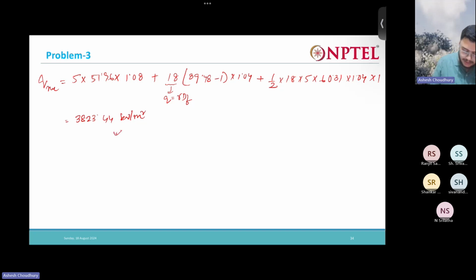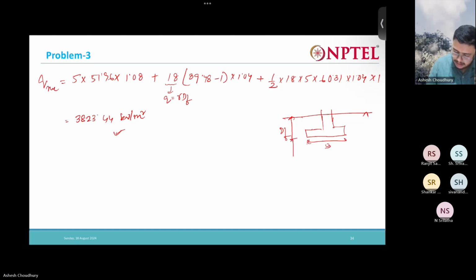So if this is the footing, say this is the ground level, the DF, the B, and if water is below this, then we have W dash equal to 1. If water is here or above, it is 0.5, and anything in between we need to interpolate. Okay.